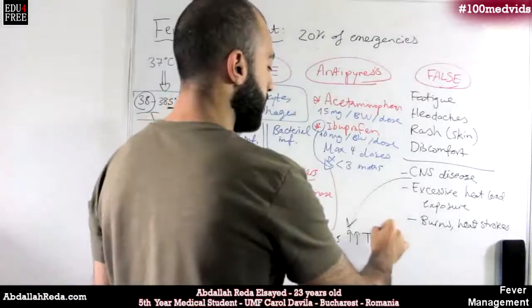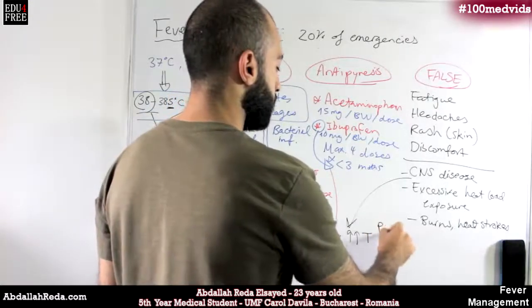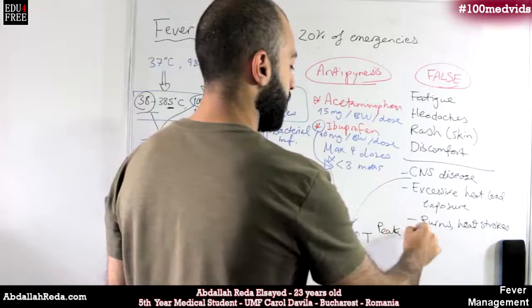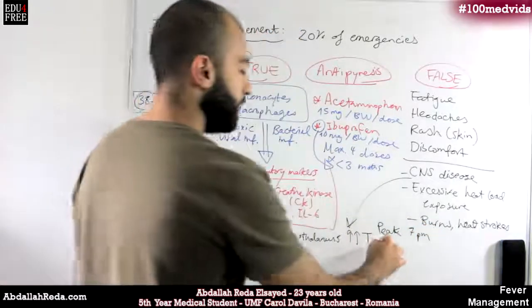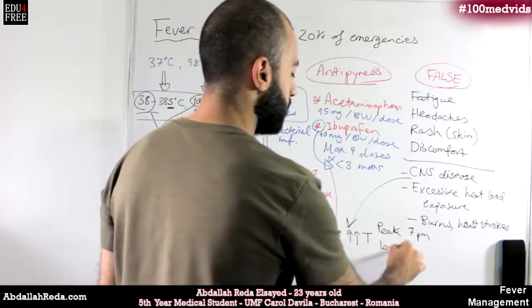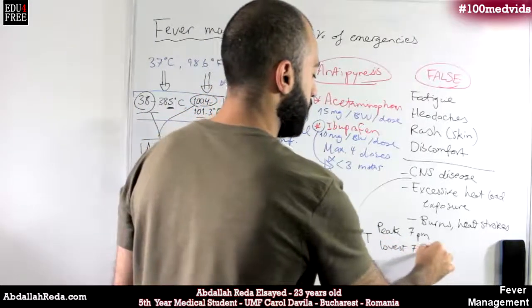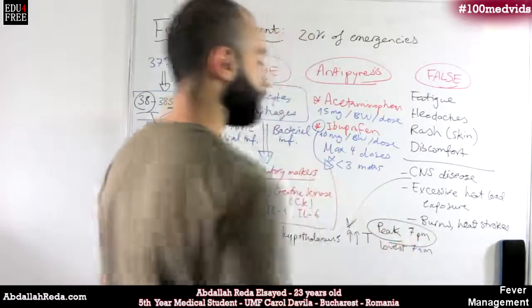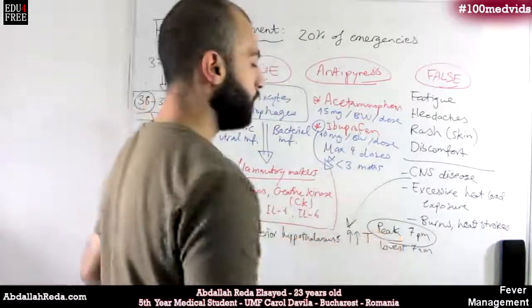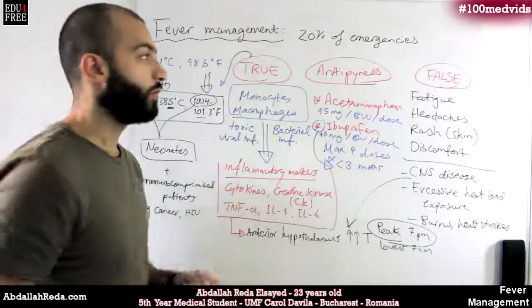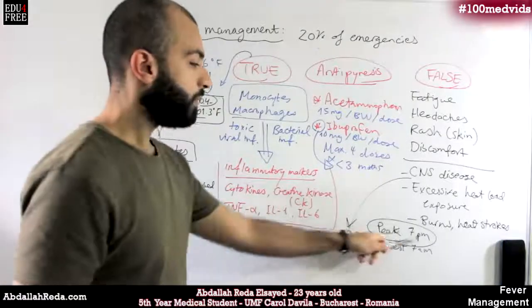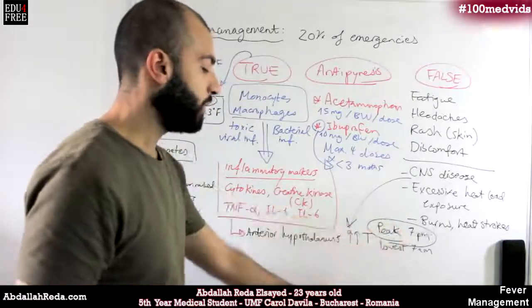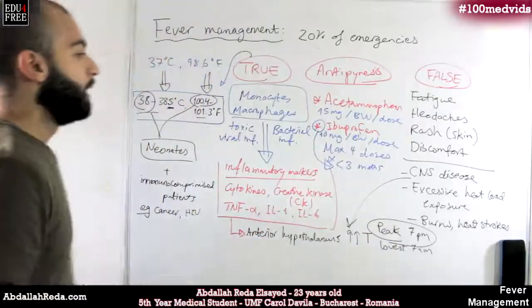It would reach a peak at 7 p.m. and the lowest at 7 a.m. That's usually the time when most of the cases with children with fever would present to the emergency department. At the evening at 7 p.m. you'll get most of the cases.